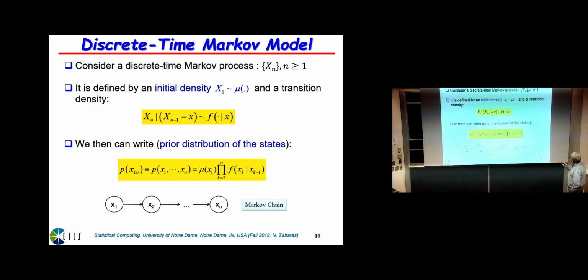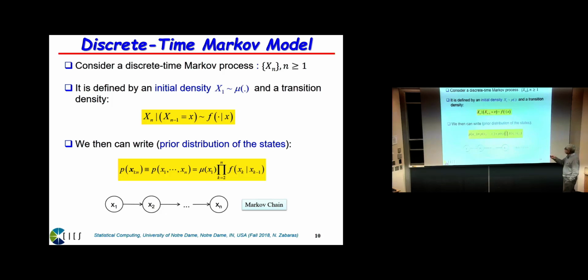And then for this particular model, we need to have some dynamics, in essence, to describe how, if we know the state at time n-1, we sample the state at xn. And the dynamical model is defined through this density f. So remember, when you see f, it is basically defining the dynamics from xn-1 to xn.